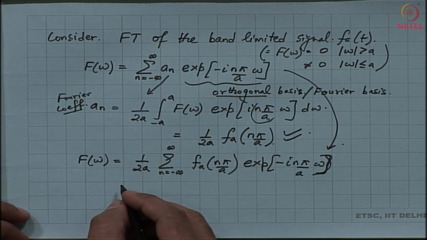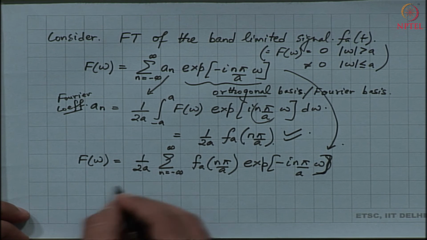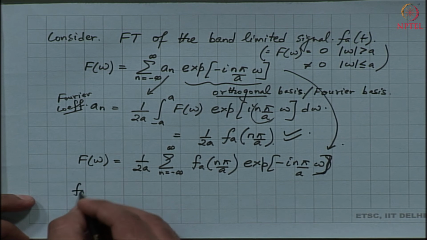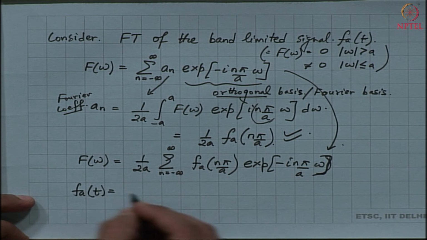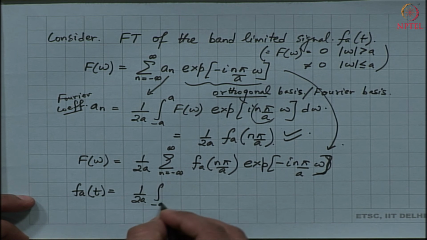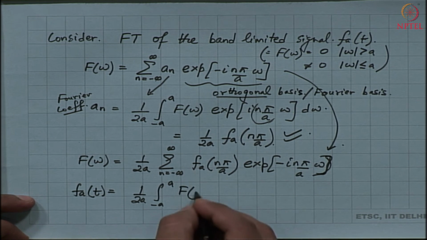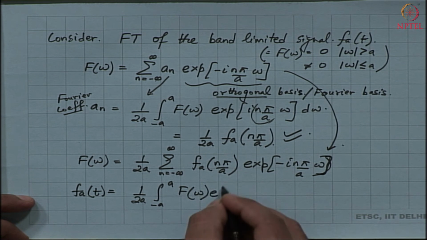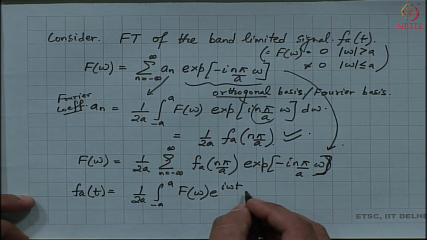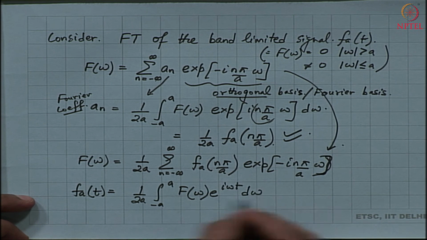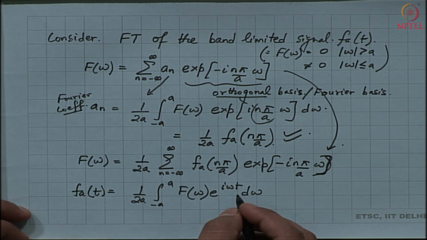What I have is that my band limited signal f_a is 1 by 2a integral from minus a to a F(omega) e to the power i omega t d omega. That is the basic definition coming out of the inverse transform.